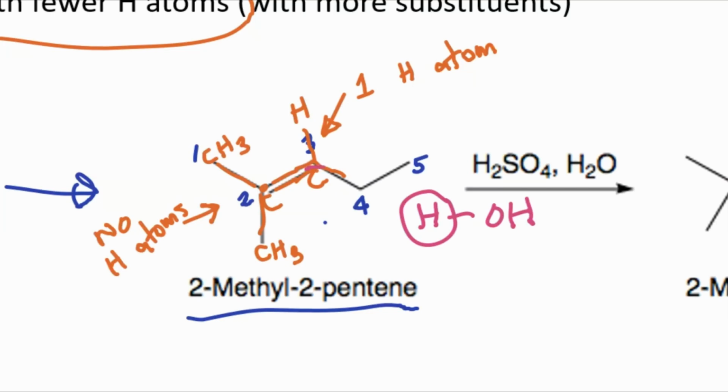In this case, that will be this carbon, so it will go and attach there. The hydroxyl group will go and bind with the carbon containing the fewer number of hydrogen atoms in the double bond, which is carbon 2. So that will go and bind to this carbon. That's how you deduce to which carbon the hydrogen and hydroxide go and bind.